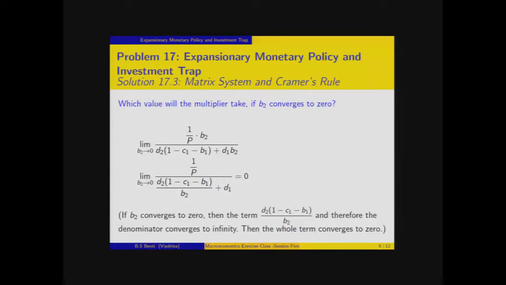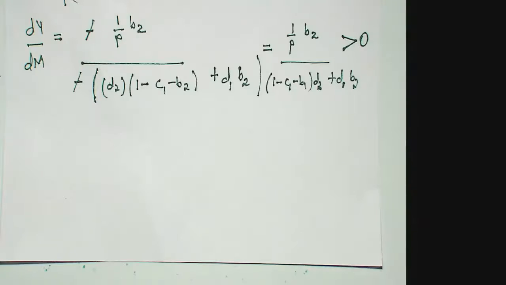And therefore, the denominator would also converge to 0 because our b2 is actually appearing on the denominator here. Then this is again to say the entire term will converge to 0. I can also show you how we can transform this equation into a simpler equation to see what the impact of the convergence would look like.